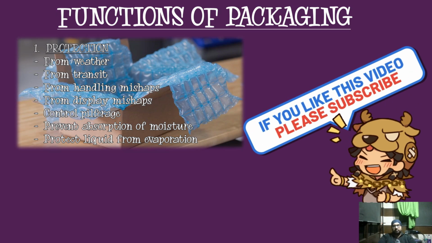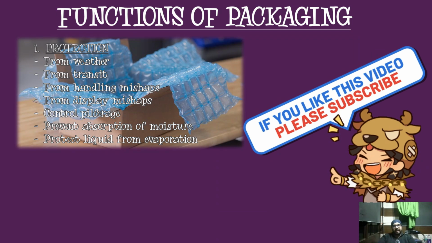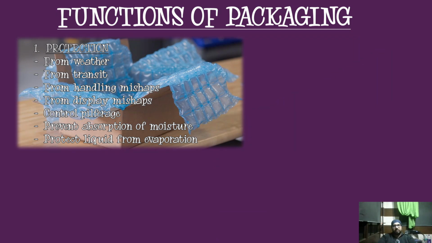Now imagine if that product is kept at a height and does not have proper protection, or is not properly packaged. By some mishap, if that product falls to the ground, it may break. So therefore, the primary function of a package is to protect the product from weather, from transit, from handling mishaps, and from display mishaps.